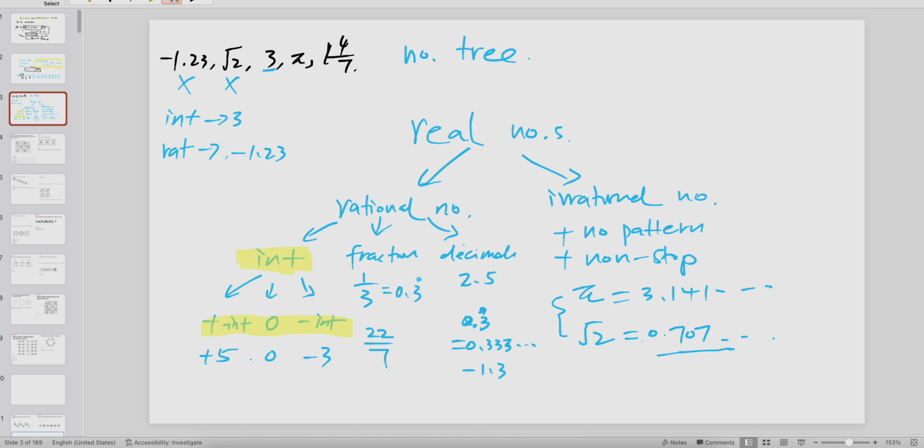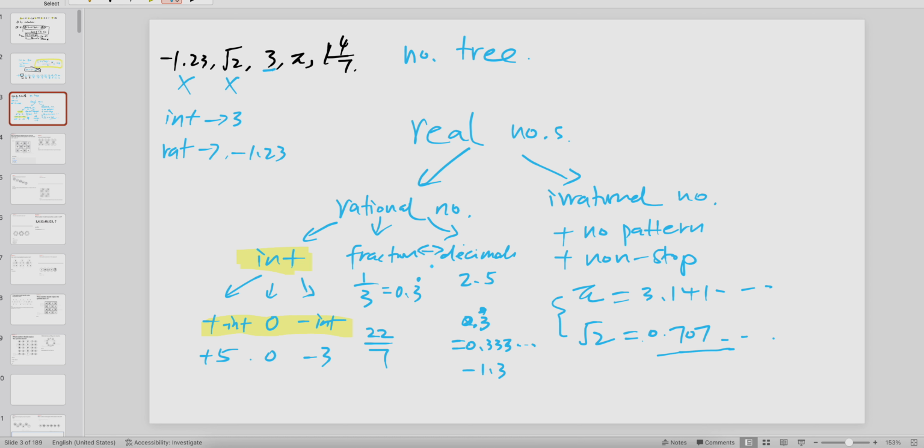But now the question asks you rational number. Okay, they never ask you whether it's fraction or decimal, right? But they ask you rational number. So therefore, you take this negative 1.23 as a rational number. Anyway, fraction and decimal is interchangeable.